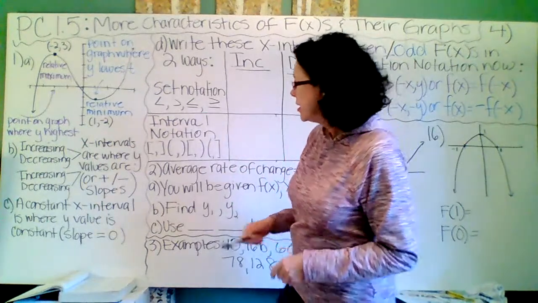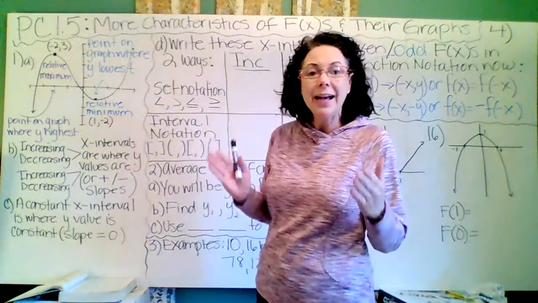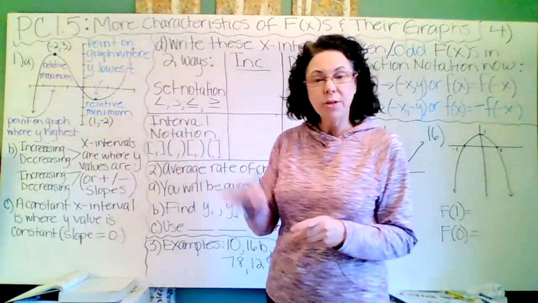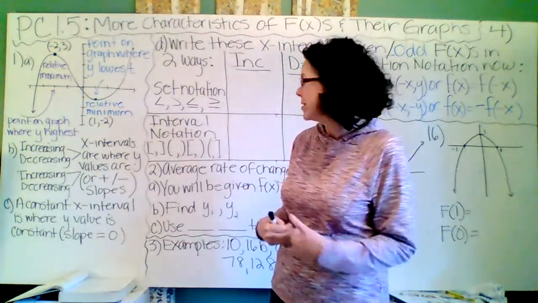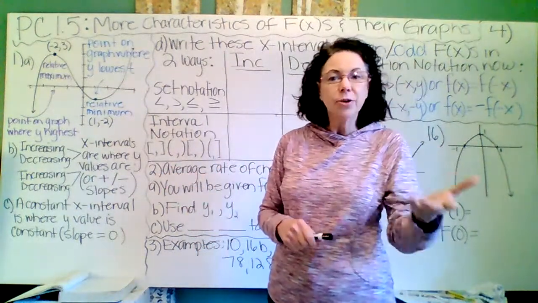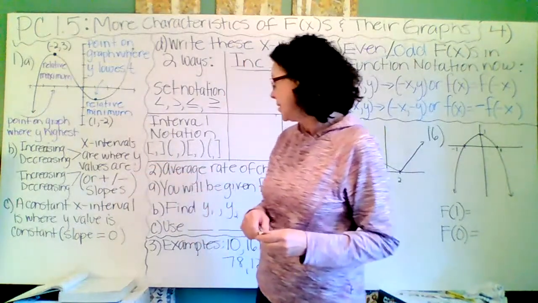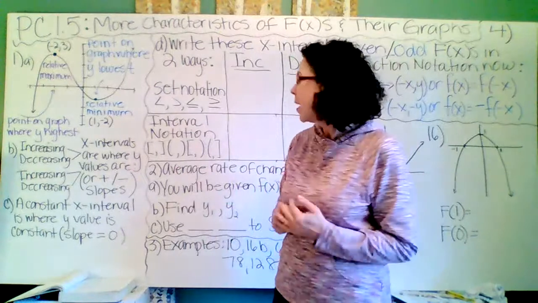Increasing means that the y values are going up. They want to know the x's where that happens. Decreasing means the y values are going downward as you go to the right. They want to know the x's where that happens. You can also think of an increasing interval as a positive slope and a decreasing interval as a negative slope. So you can look at it in that way.